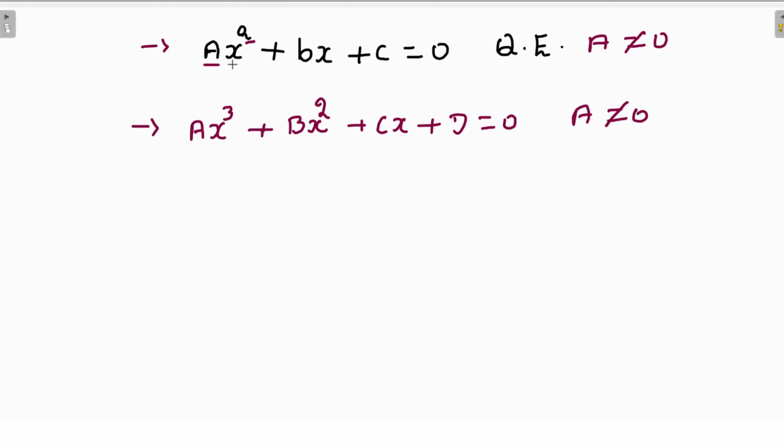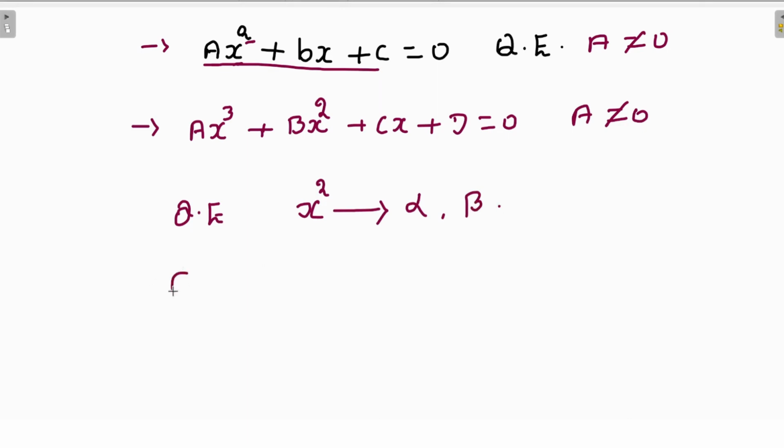Since the degree is 2 in a quadratic equation, we will get two values for x, two roots, that is alpha and beta.